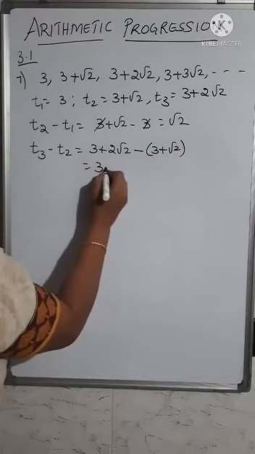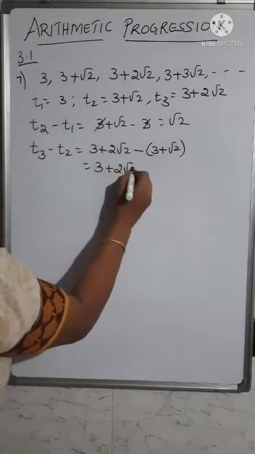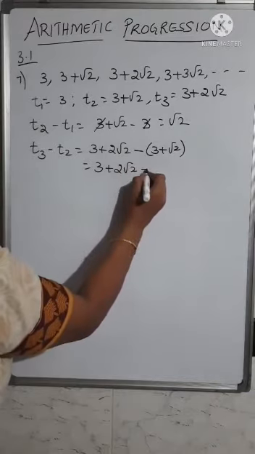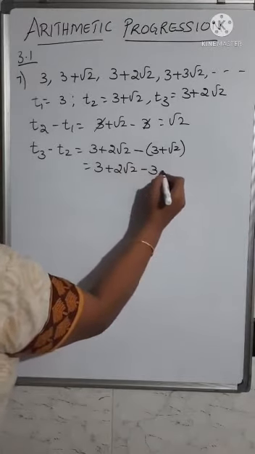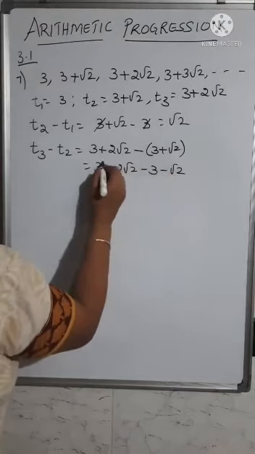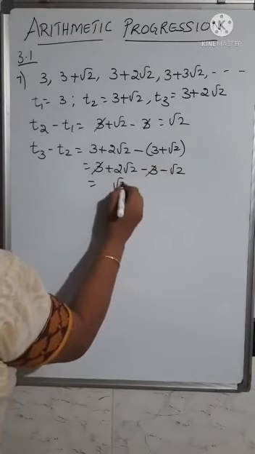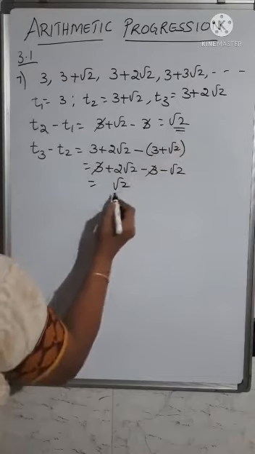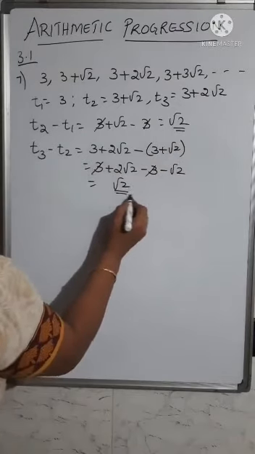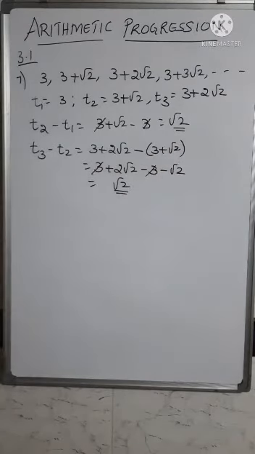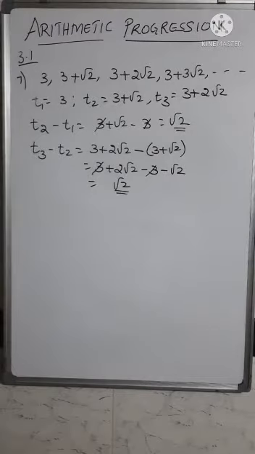Opening the bracket, you get 3 plus 2 root 2 minus 3 minus root 2. This gets cancelled. 2 root 2 minus root 2 is root 2. So here also you have got D, the common difference, as root 2. There also you have got root 2. So you have got the same common difference. Therefore you can write that the given sequence is an AP.